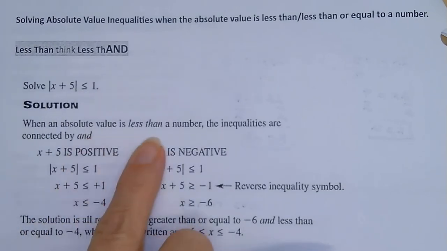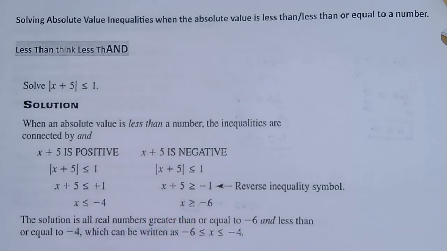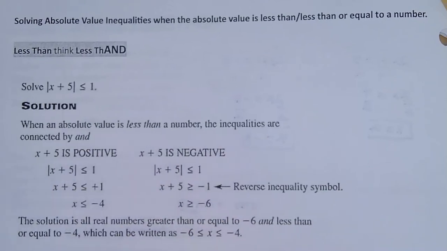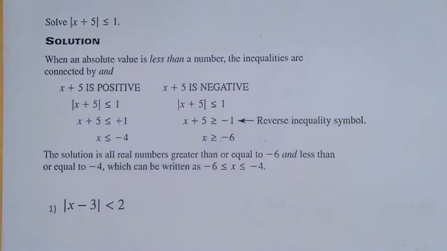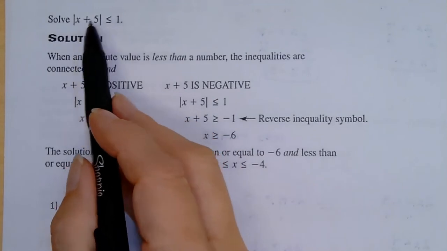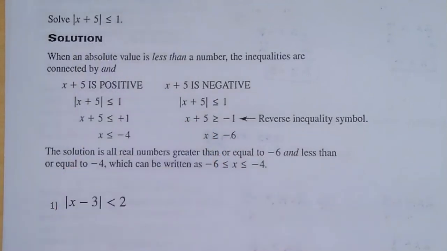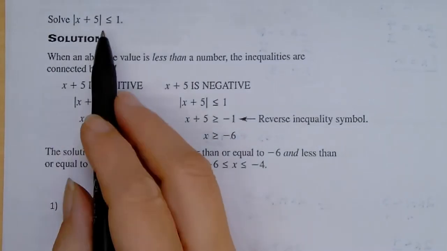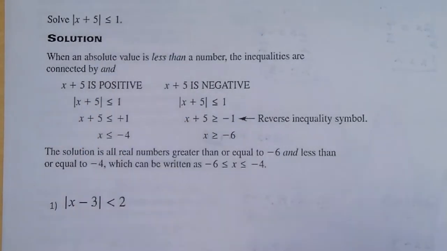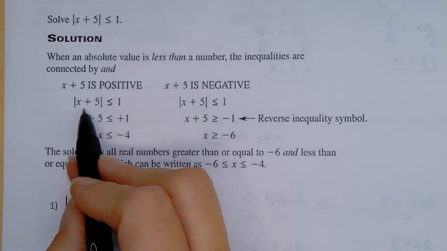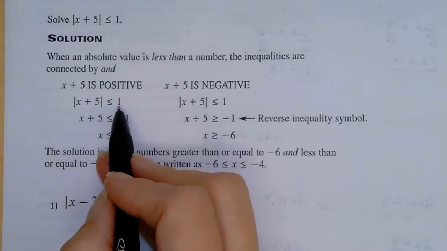When an absolute value is less than a number, the inequalities are connected by the word AND. Okay, so what it means is that anything that I have inside those bars, the absolute value of it is going to be less than or equal to 1. So I say the absolute value of x plus 5 is less than or equal to 1.